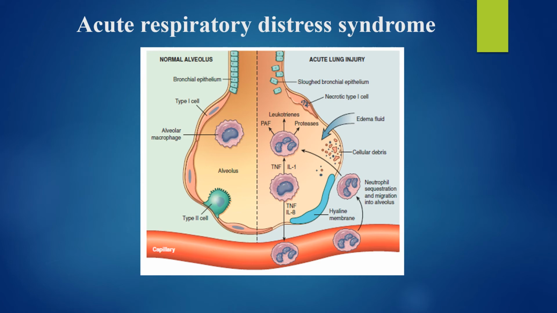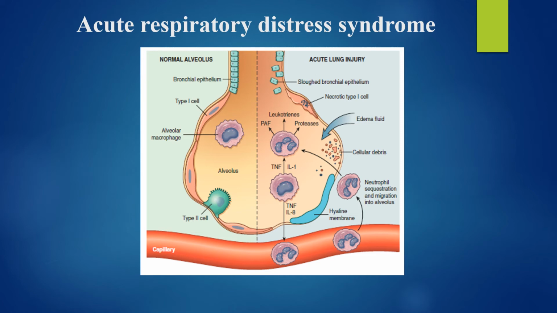Excessive activation of the neutrophils can be inhibited by anti-inflammatory mediators, for example, interleukin-10, endogenous proteases, antioxidants, and so on. And the damage is deepened. Due to the increased permeability of alveolar capillaries, the filtration of plasma proteins increases.